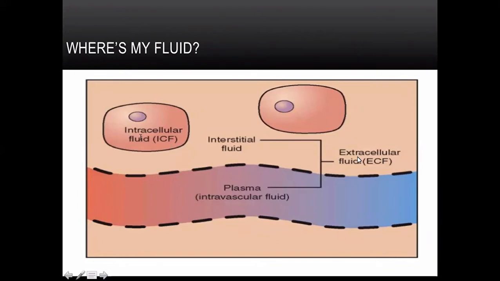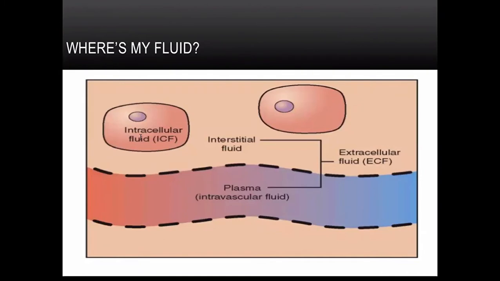Okay, so for outside the cells, there are 2 subtypes. We have the interstitial fluid, meaning outside the blood vessel, and we have the plasma or the intravascular fluid. So edema is when the interstitial fluid increases. Are we clear?